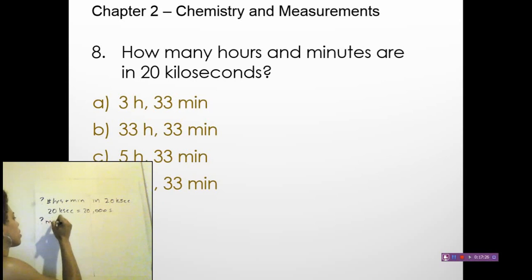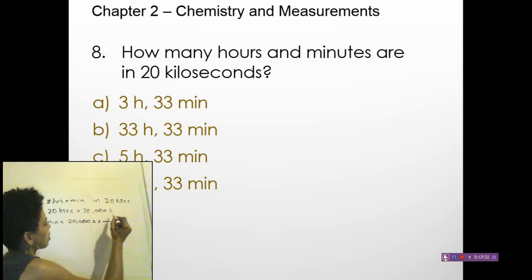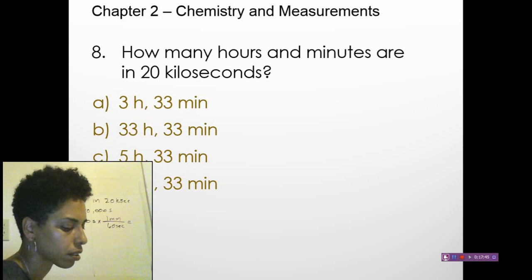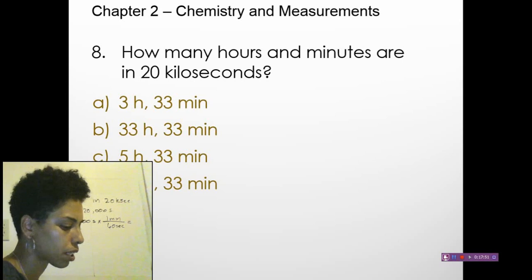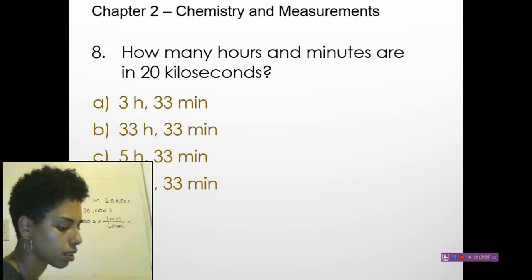So the number of minutes is going to be 20,000 seconds times 1 minute over 60 seconds, which is going to give us, let's see, 20,000 divided by 60.